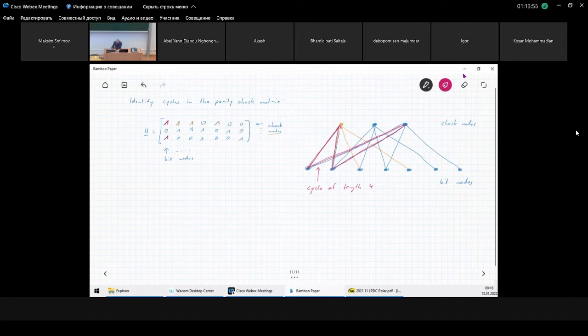So bit node 2, check node 1 is this one here. Then between bit node 1 and check node 3, it's this one. And between bit node 2 and check node 3, it's this one.